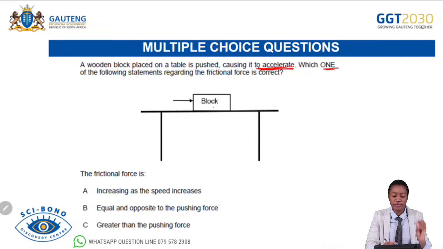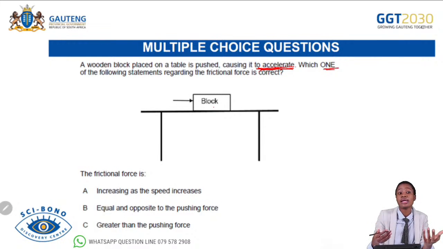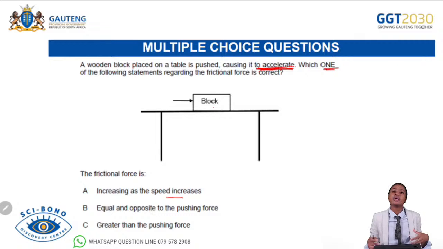Right. The first one, we need to eliminate the obviously wrong ones. It says that the frictional force is increasing as the speed increases. Do you know of a phenomenon or concept that we have ever taught regarding the relationship between frictional force and the speed? As far as we're concerned, frictional force is basically the force exerted by the kind of material that the object is moving on. So that does in no way have a relationship with the speed of an object.